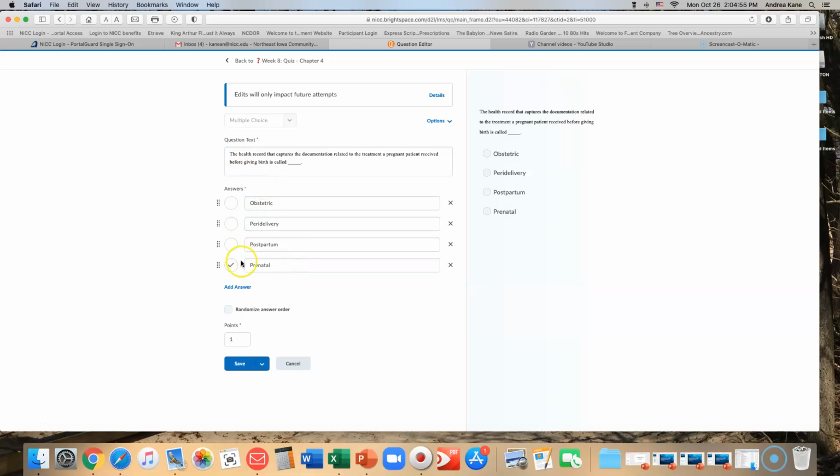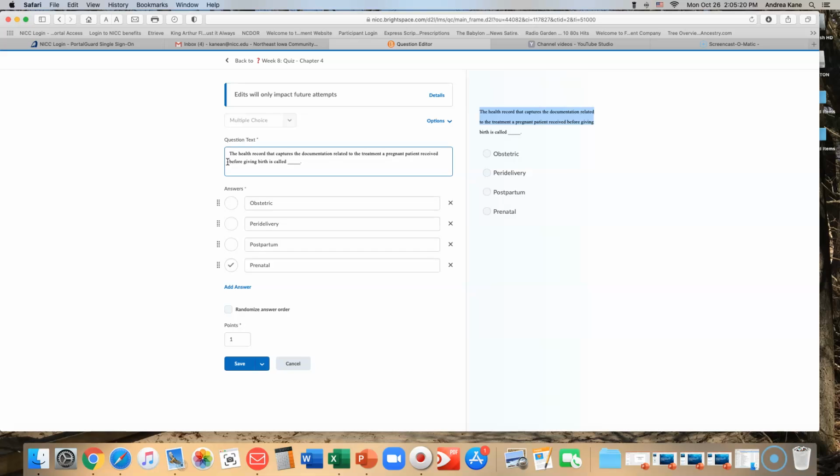Let's start with postpartum. Sorry, my mouse is kind of wild this afternoon. So again, you're talking about treatment related to a pregnant patient before giving birth. Before giving birth is the clue to this one.